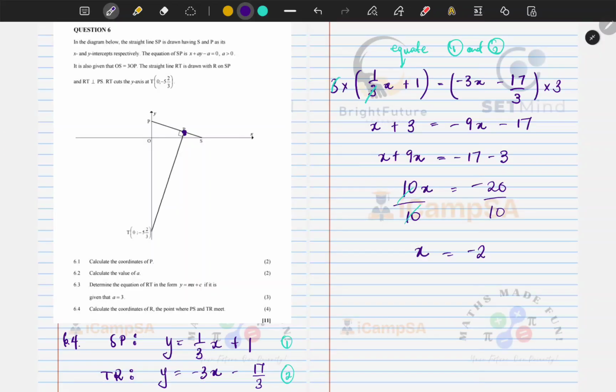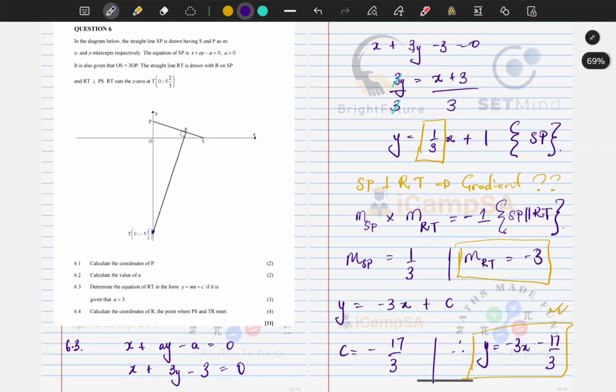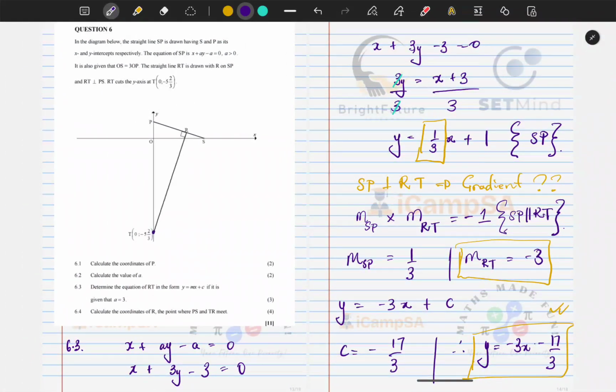Oh, that's interesting. Why are we having x as negative 2? Did we do something wrong? Let's just check, because we are not supposed to have a negative 2 answer, right? We are not supposed to have a negative 2 answer, so it means we may have made a mistake somewhere. So let's just check here.